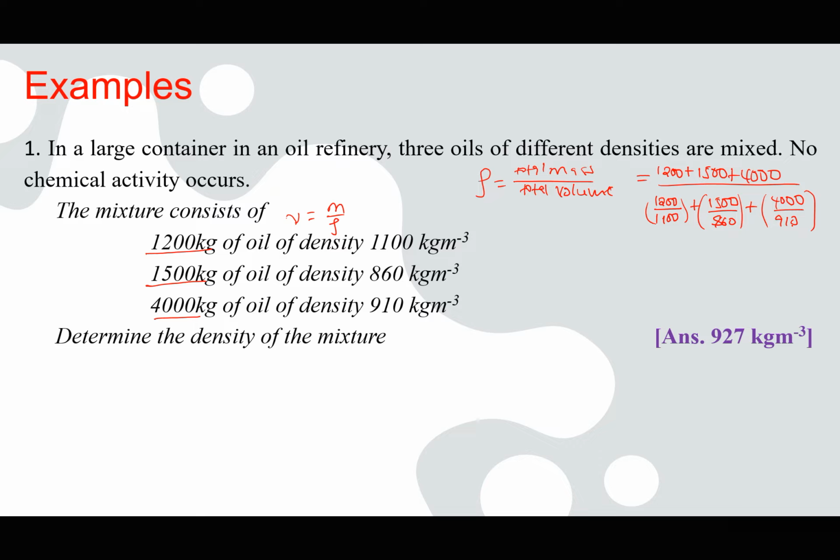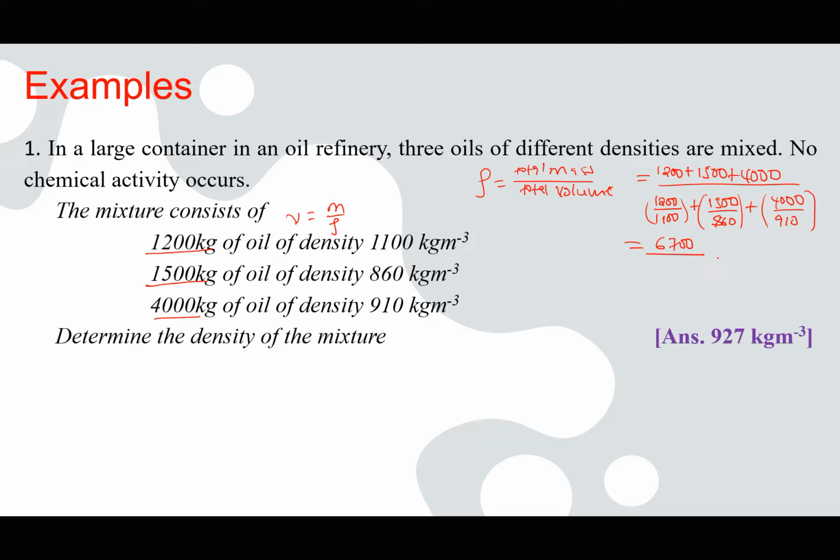So the total mass is 1,200 plus 1,500 plus 4,000, which is 6,700. The total volume is 1,200 divided by 1,100 plus 1,500 divided by 860 plus 4,000 divided by 910.